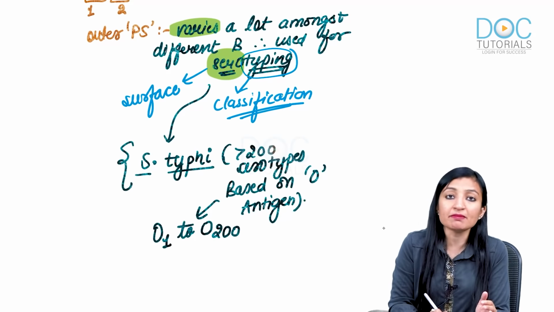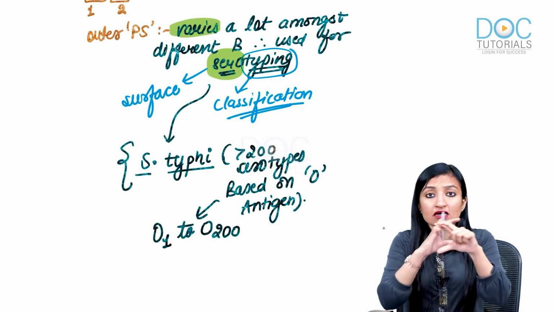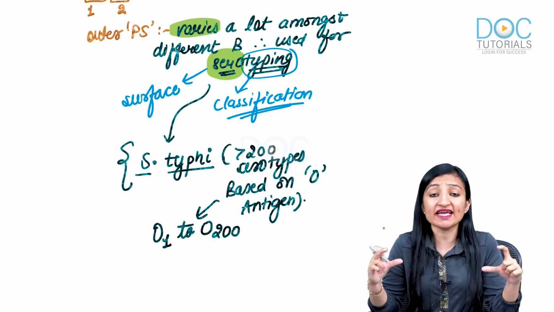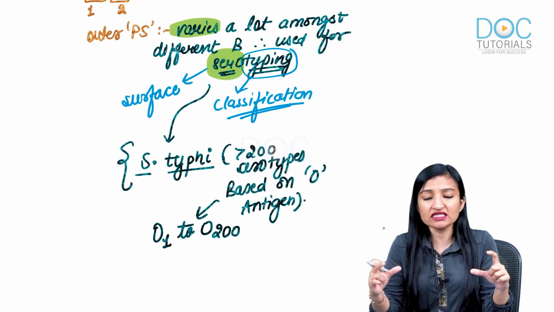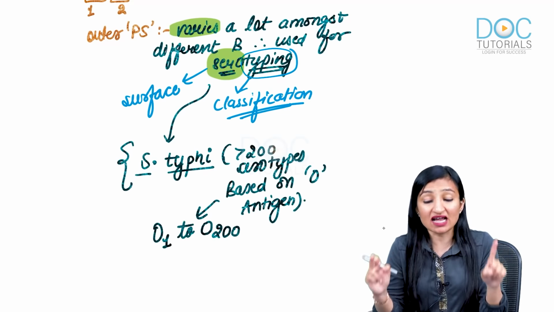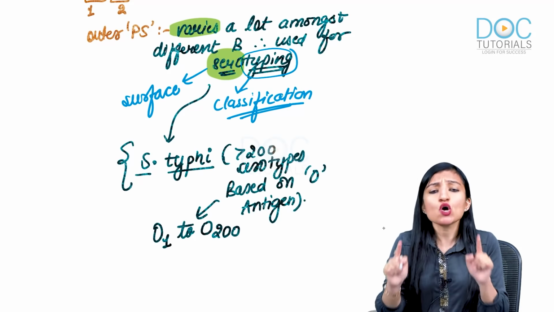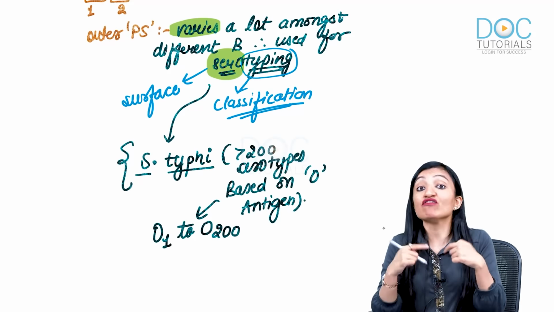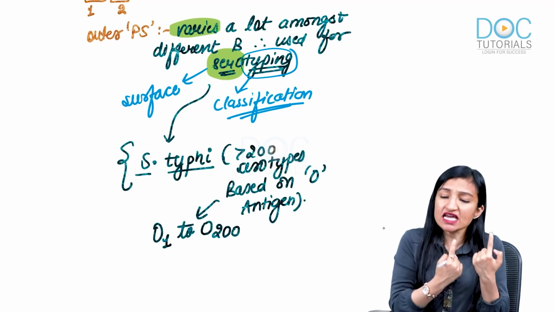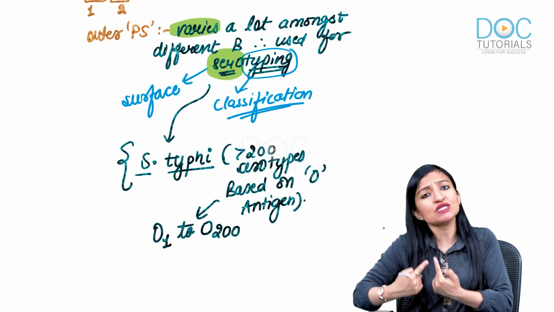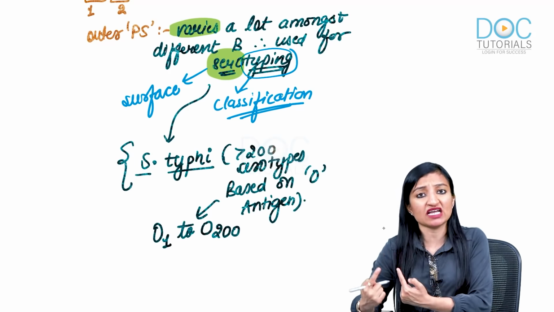So the common thing between the 200 bacteria which we are calling S. typhi is that all of them belong to the genus Salmonella and all of them belong to the species typhi. But still all those 200 organisms are different from each other because each one of them has its own unique variety or type of the O antigen.